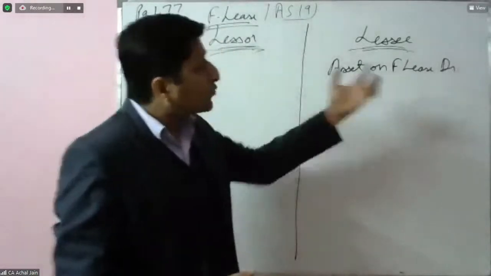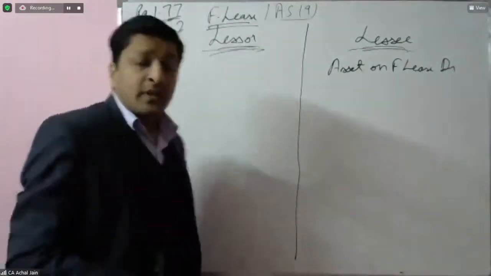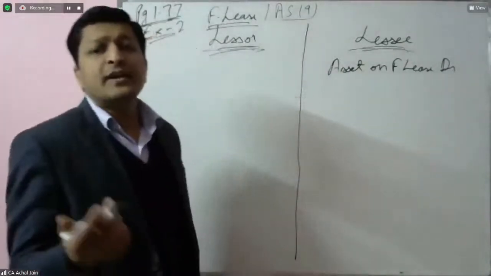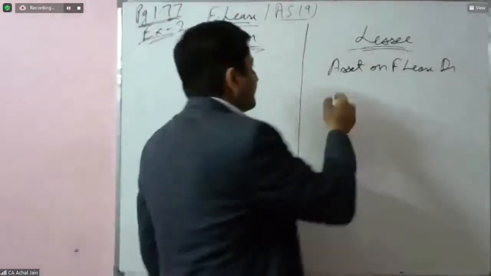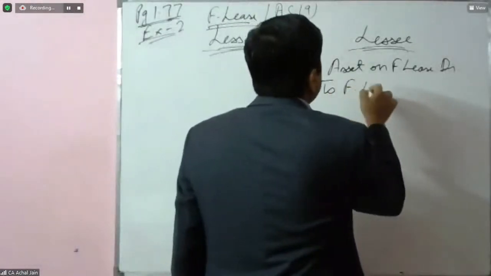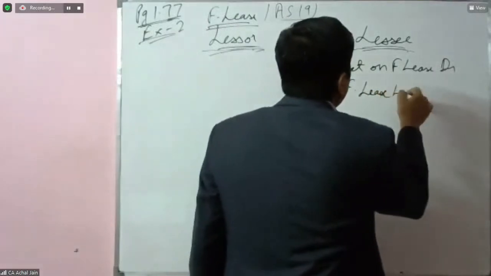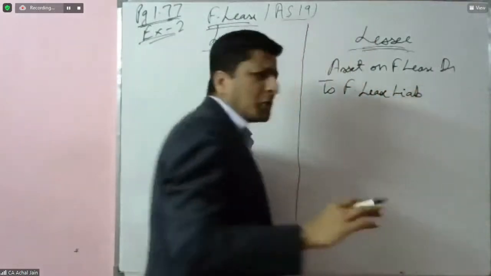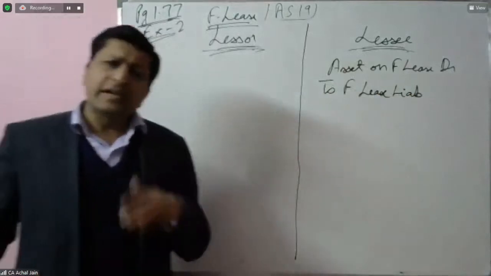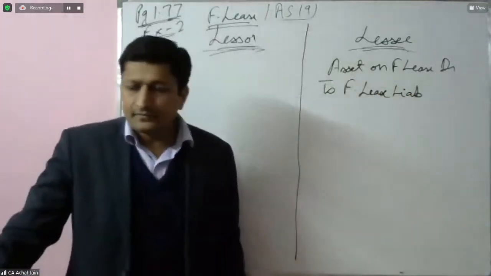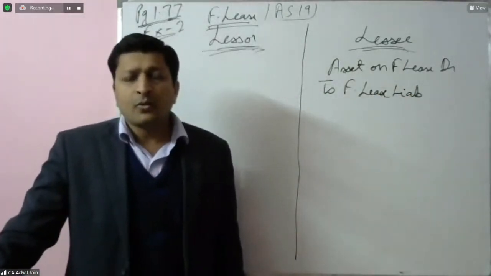And corresponding to this recognition of asset, lessee is required to pay the lease rentals. So it will say to finance lease liability. I'm not talking about the amounts right now. We'll get on to the amounts slightly later.